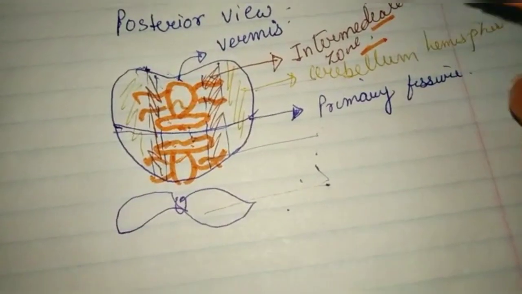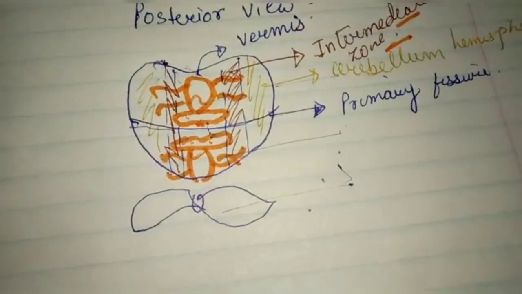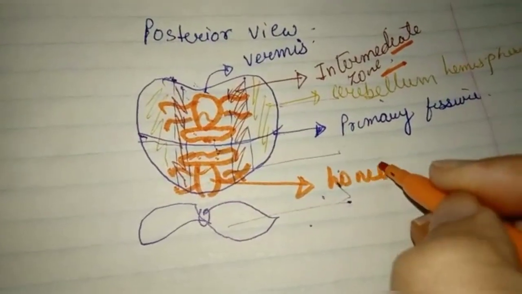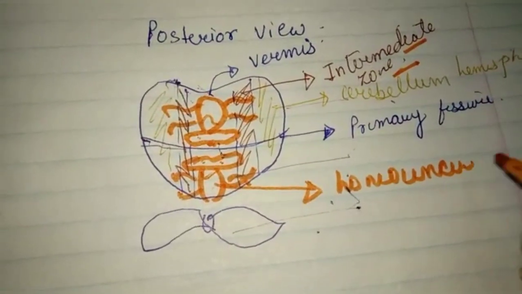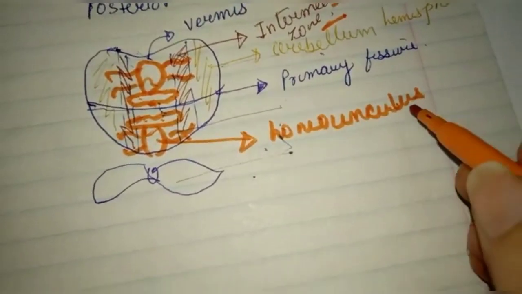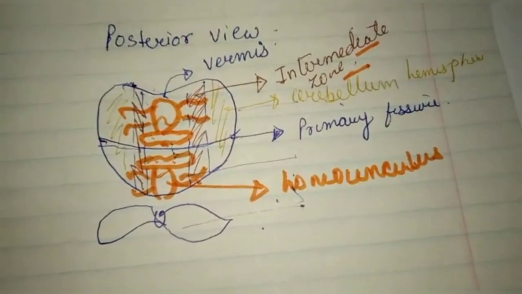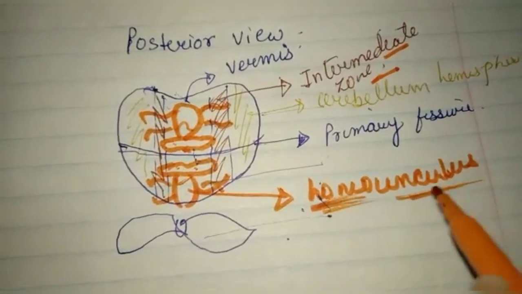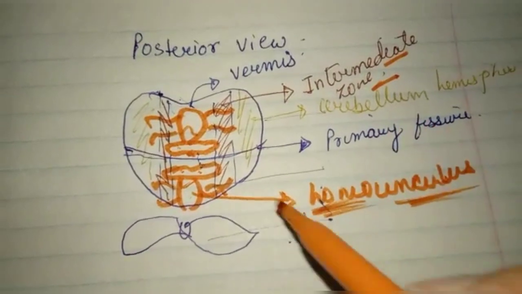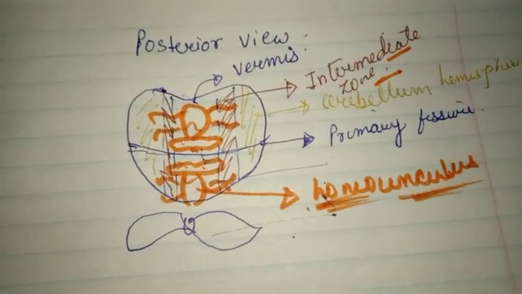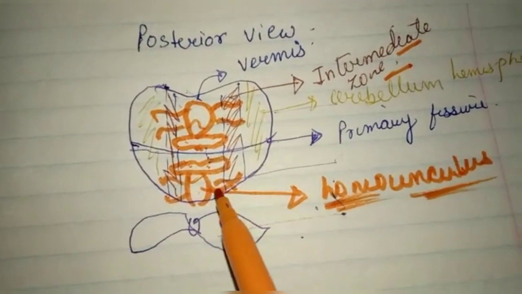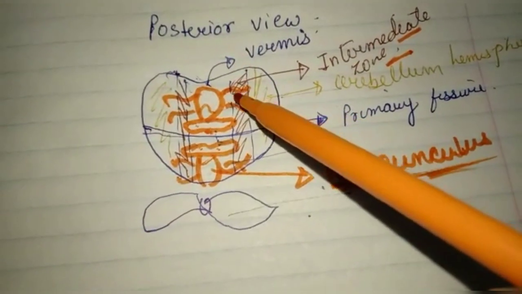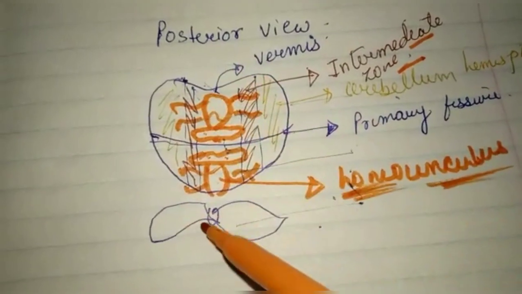Someone will ask, first, what is the name of the monster? The name of the monster is known as homunculus. How will you remember this? Homo means man. It's uncle, man, uncle. So homunculus. Now the hand and feet of this homunculus are in the intermediate zone, and its body in vermis.